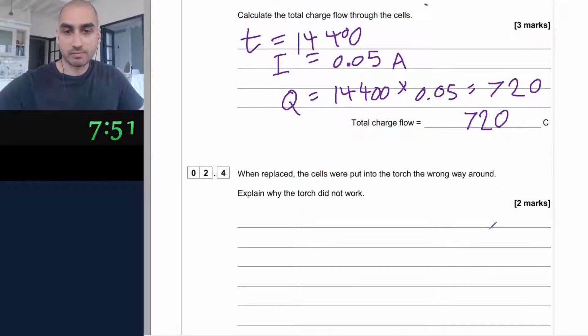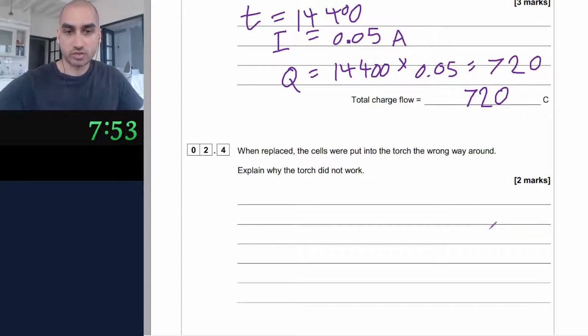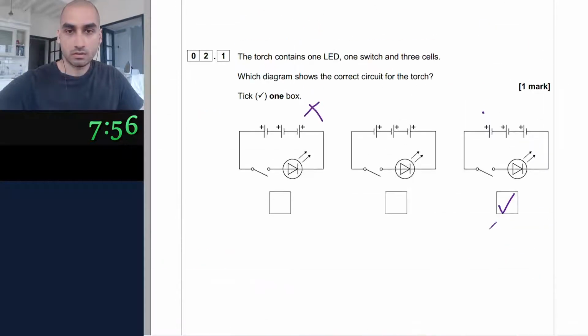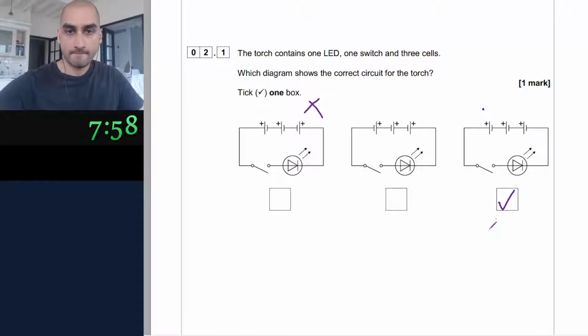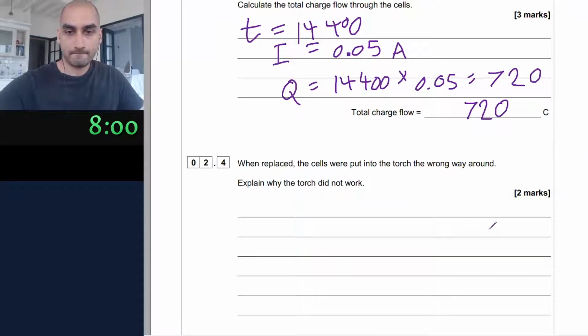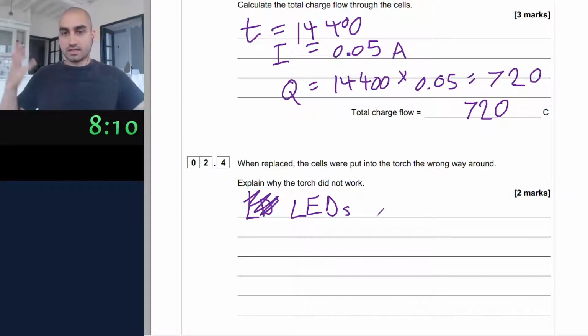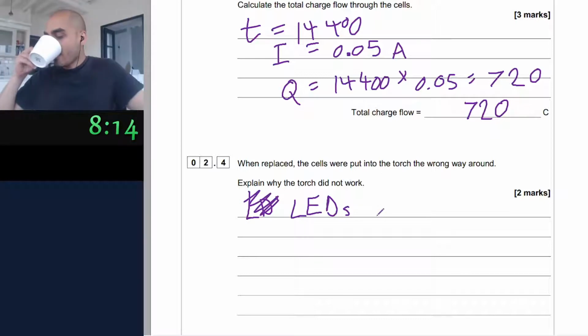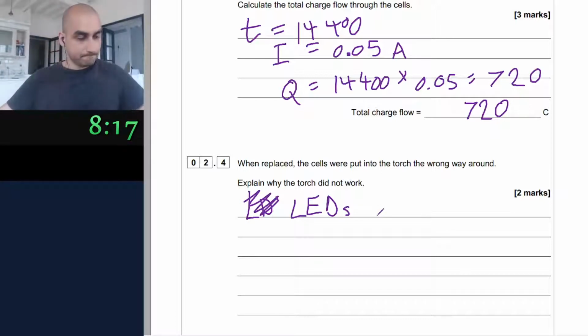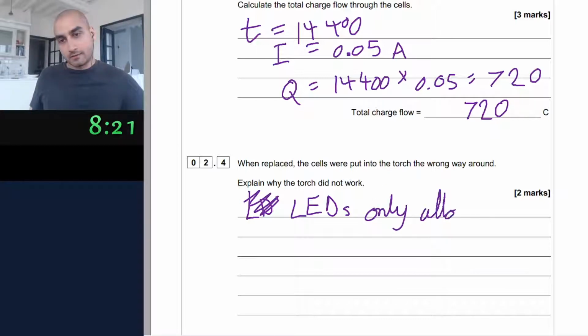When replaced, the cells were put into the torch the wrong way around. Explain why the torch did not work. LEDs can only allow charge in one direction.